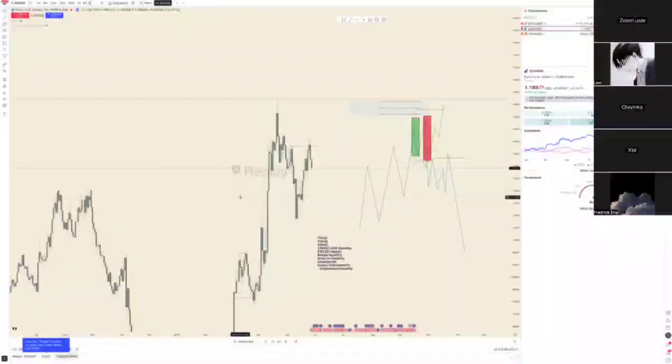So if on your hourly you have good structure, the normal good structure like this one, and you observe that we have a previous day high or low above your entry, or below your entry, or maybe you have three entries and one of them is at a previous day high or low, or one of the other blocks is inside the previous day's range, from the top to the bottom of that previous day, right? You can now start to choose between the other ones that are under the previous day high or low.